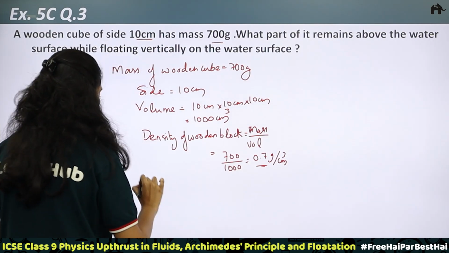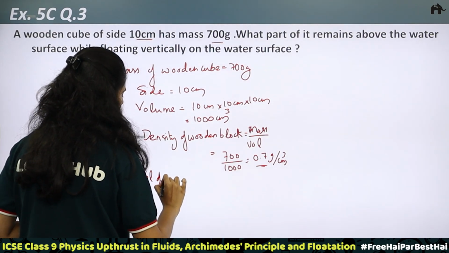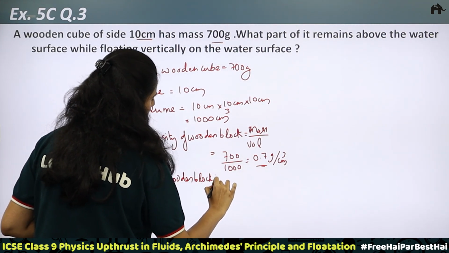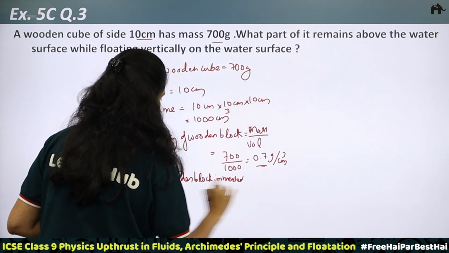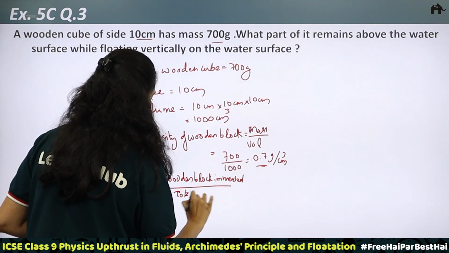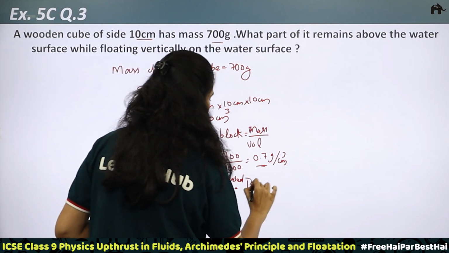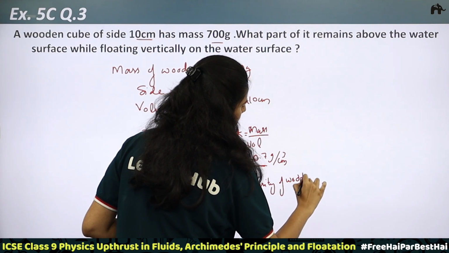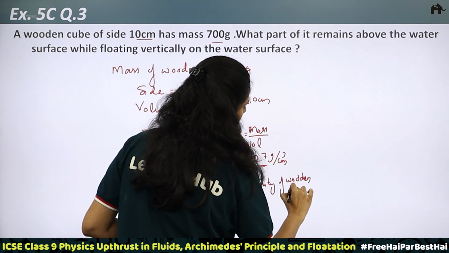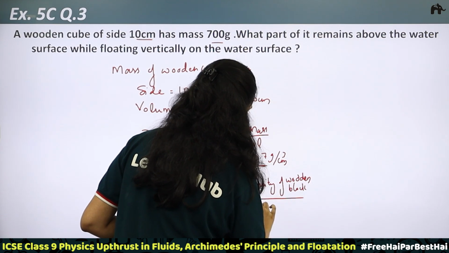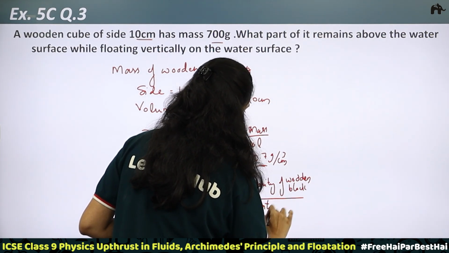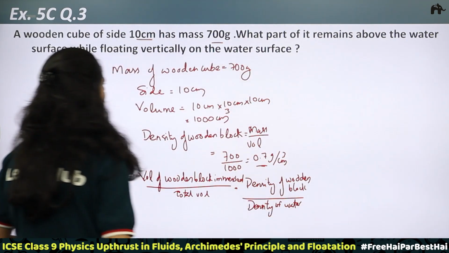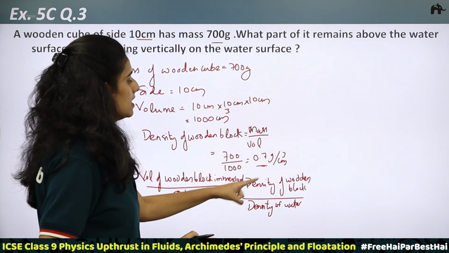Now we have volume of wooden block immersed divided by total volume equal to density of wooden block by density of water.